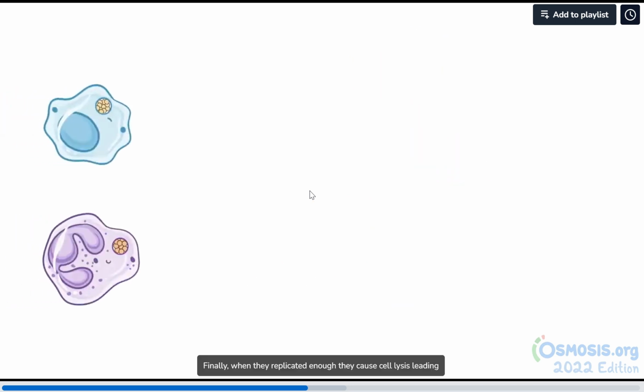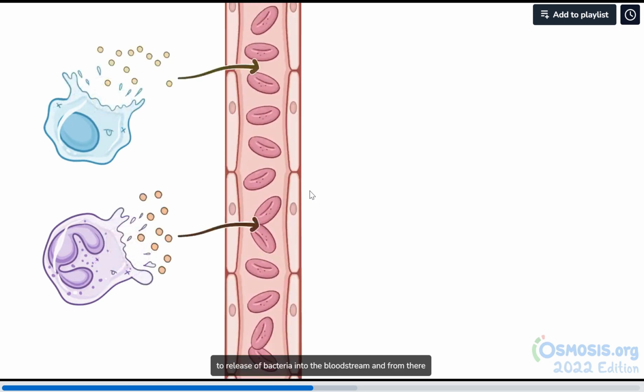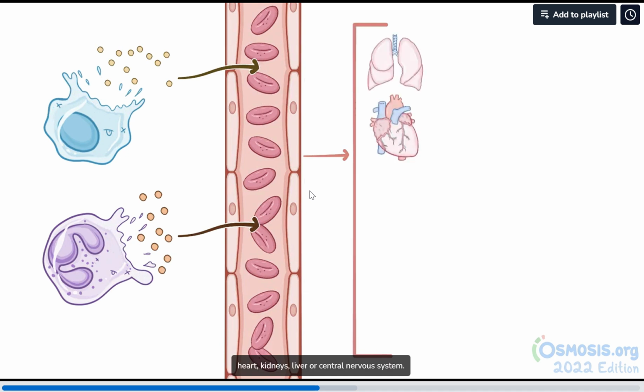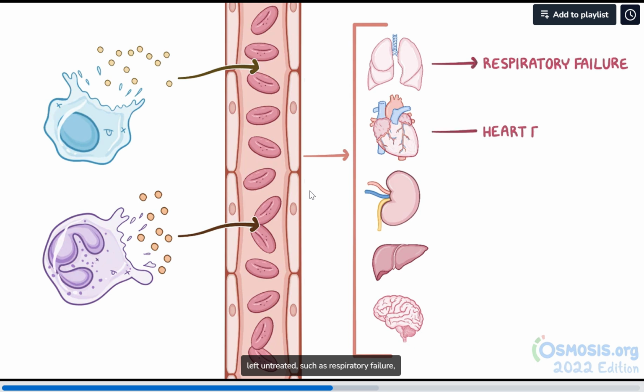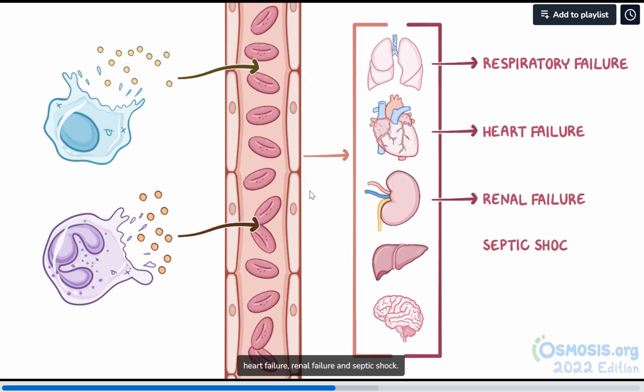Finally, when they've replicated enough, they cause cell lysis, leading to release of bacteria into the bloodstream, and from there they can disseminate into multiple organs like the lungs, heart, kidneys, liver, or central nervous system. So both Ehrlichia and Anaplasma can cause serious complications if left untreated, like respiratory failure, heart failure, renal failure, and septic shock.